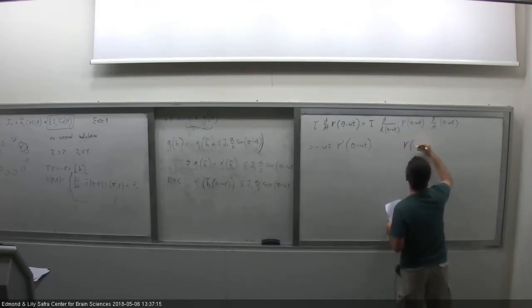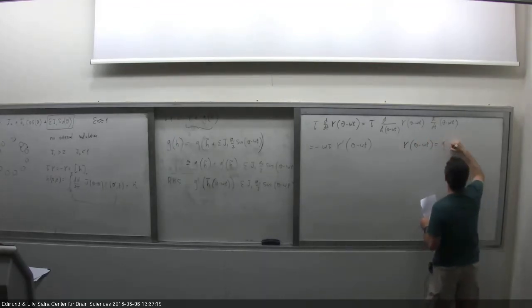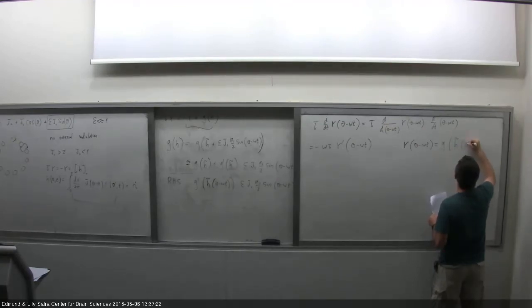Now R of theta minus WT is just equal to G of H tilde of theta minus WT.